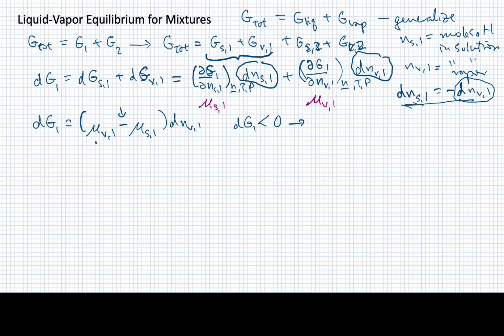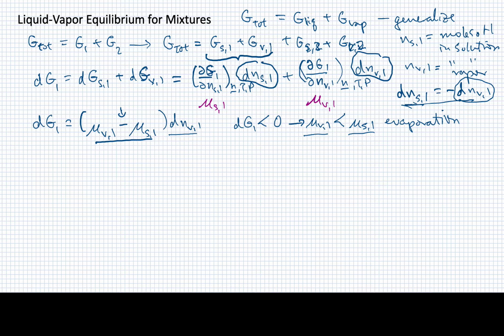I can have the set of terms in the parentheses be less than 0, in which case the chemical potential of the vapor phase is less than the chemical potential in the solution phase, and the change in the number of moles in the vapor phase is positive. All right, so this would correspond to evaporation, and it's telling us that things will evaporate spontaneously only if the chemical potential of the vapor phase is less than the chemical potential of the solution phase.